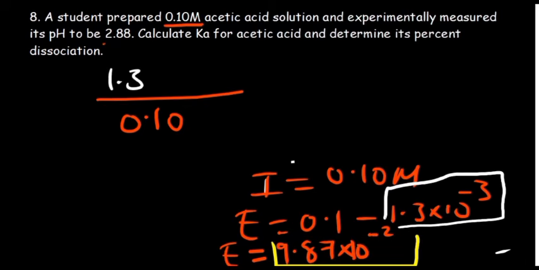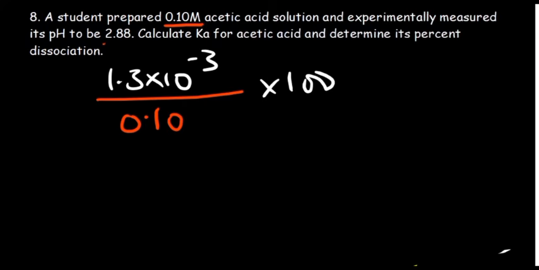So that is how much dissociated, divided by the initial, multiplied by 100. Okay, so the 1.3 by 10 to the power negative 3 divided by 0.1, multiplied by 100. I'll do that again.